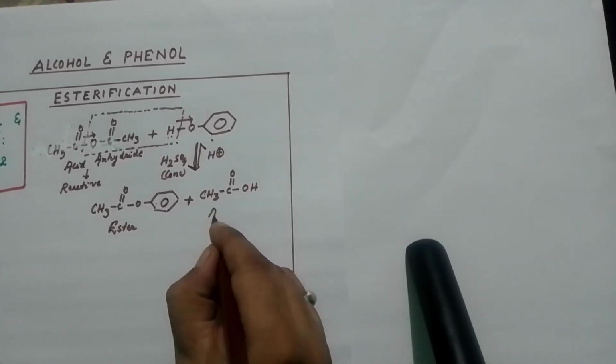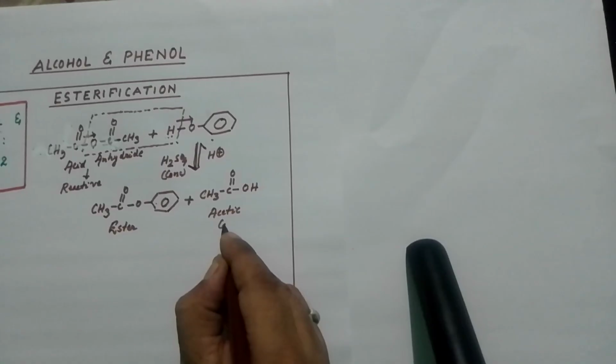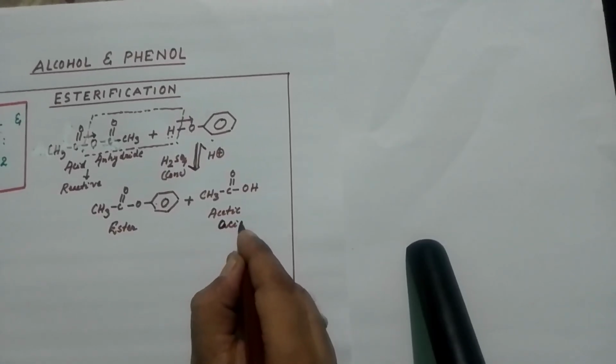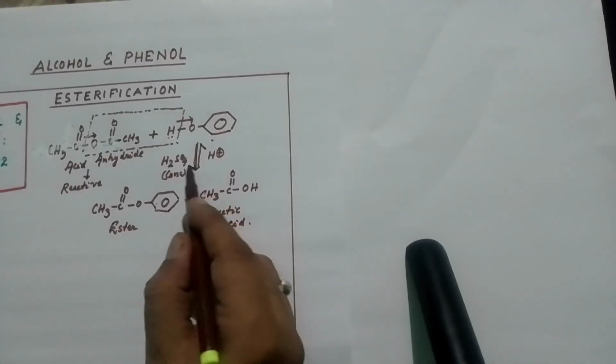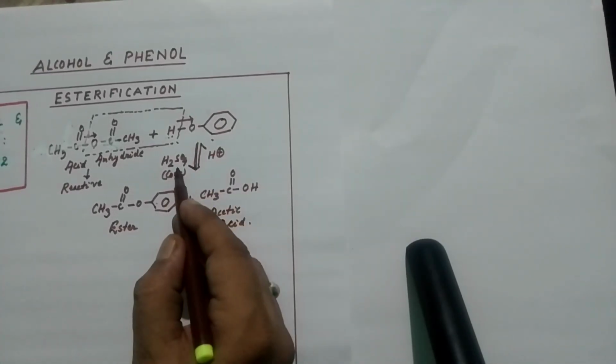See the COOH: this one is carbon, oxygen picks up these protons. Now this becomes acetic acid, which is nothing but a carboxylic acid. See here, as I said in my previous lecture also, the same thing.